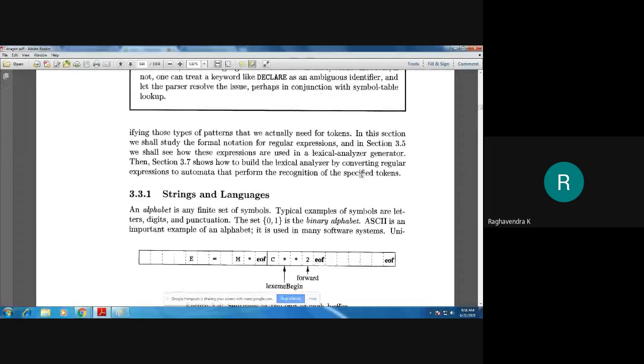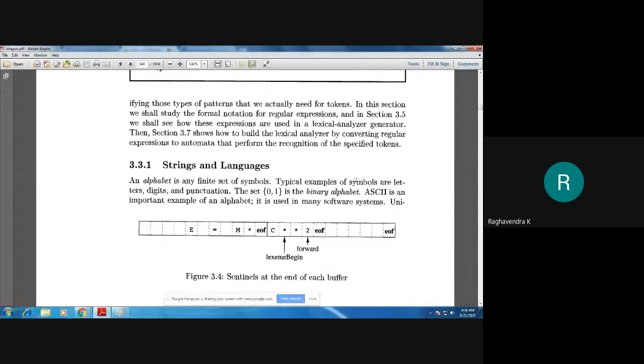Let us start with an alphabet. What do you mean by an alphabet? We are supposed to define a string, by the way, so we'll start with what exactly a string is made up of. An alphabet is a finite set of symbols. That's the definition of an alphabet.